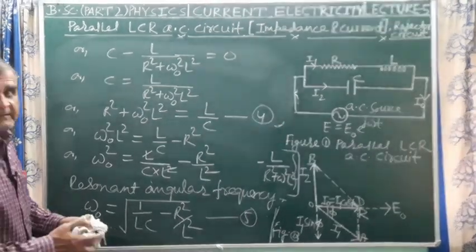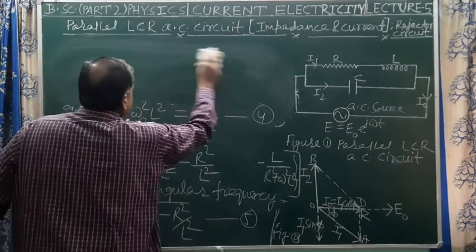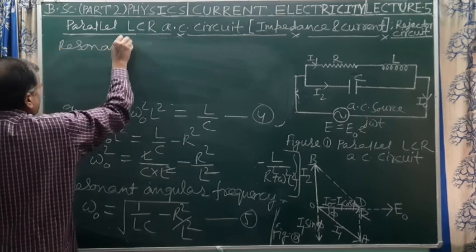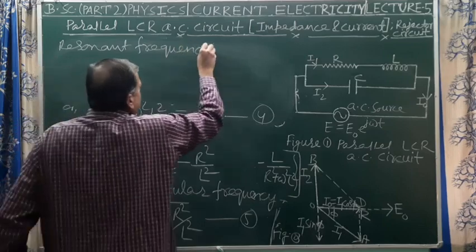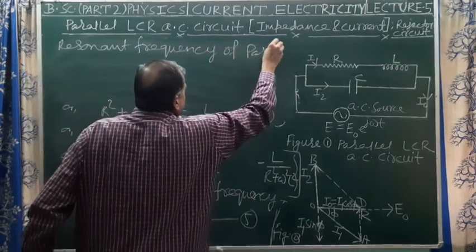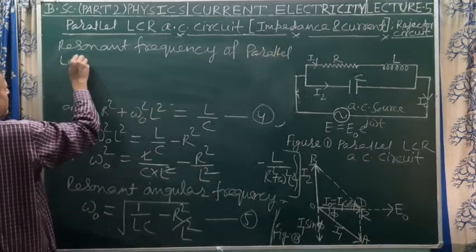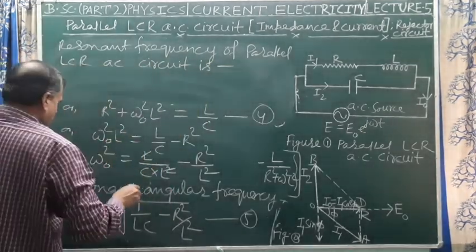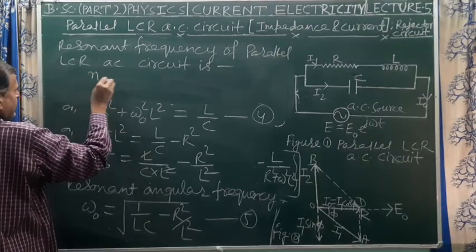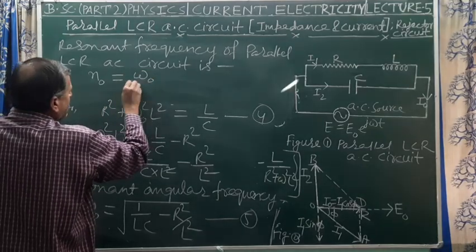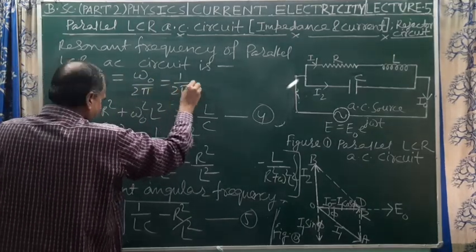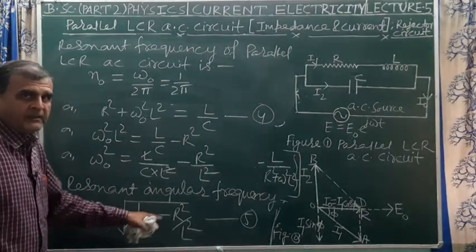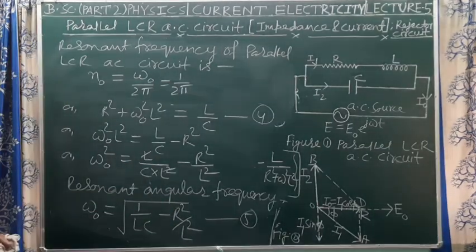So the resonant frequency of a parallel LCR AC circuit is given by f0, or a small n0, equal to omega naught upon 2 pi, that is 1 by 2 pi root under 1 by LC, because we have neglected R square upon L square in comparison to 1 by LC, since R is very small in a parallel LCR AC circuit.